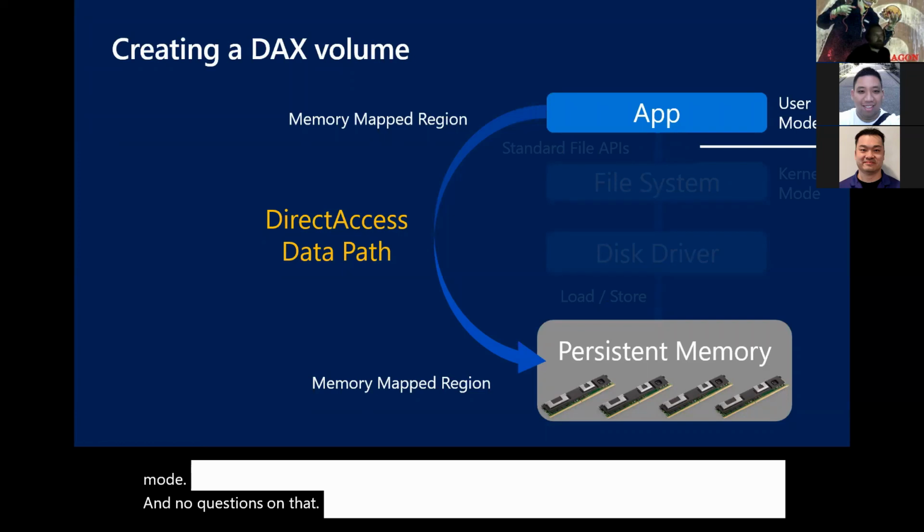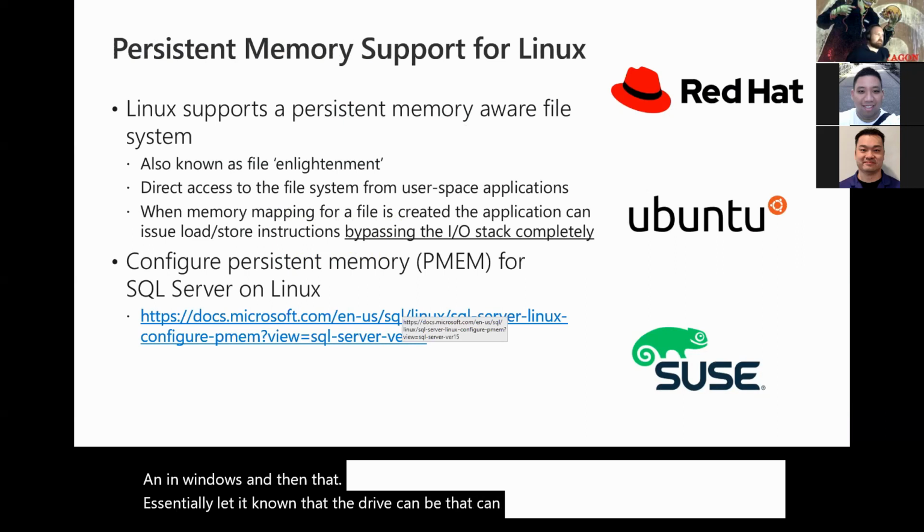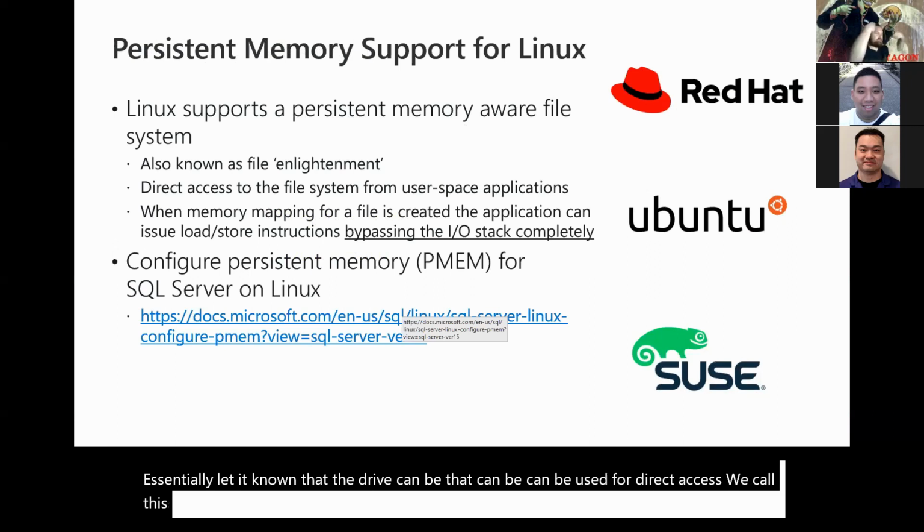When you're configuring this, don't use the GUI. You have to set a flag that says is DAX in Windows, and that essentially lets it know that the drive can be used for direct access. We call this persistent memory aware file systems in Linux.